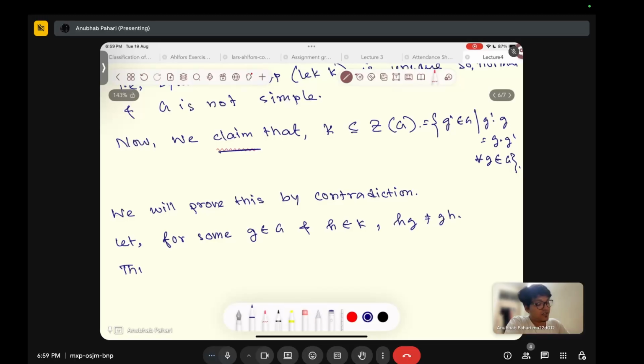This implies h not equal to ghg inverse, right?